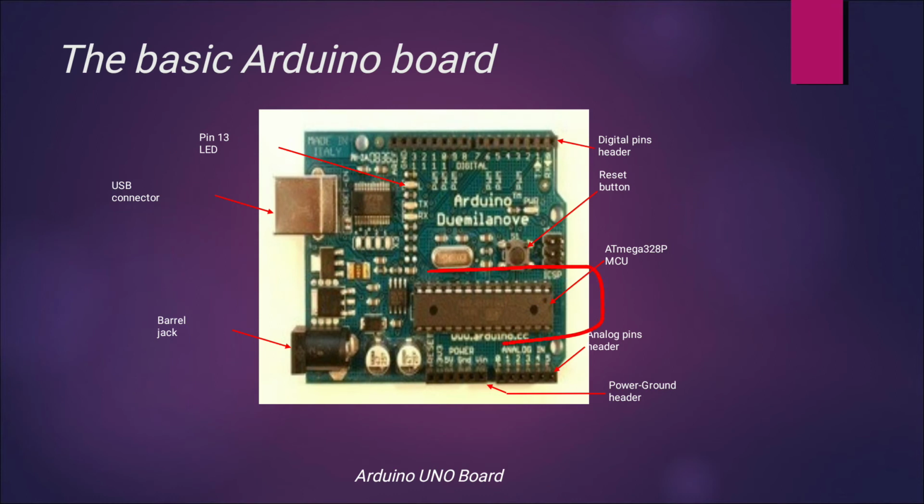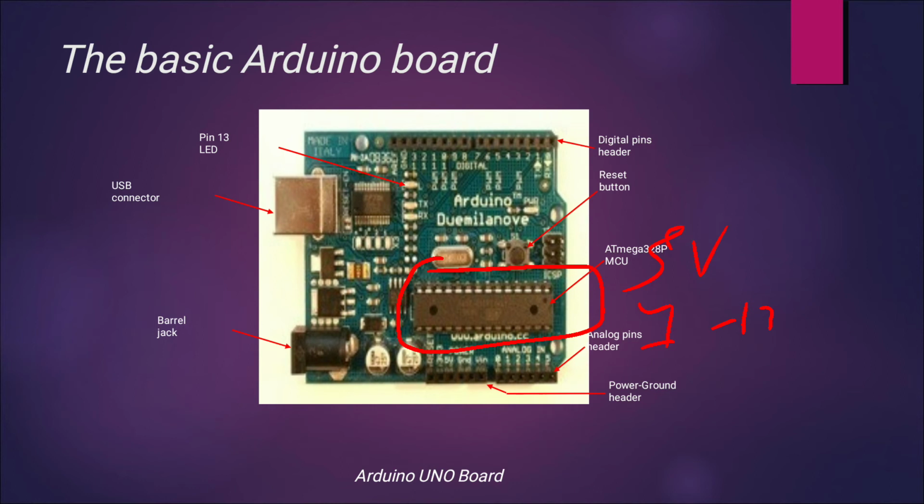This one is the microcontroller ATmega328, whose operating voltage is 5 volt, input voltage around 7 to 12 volt, digital input output pins, that is 14, of which 6 provide the PWM output.